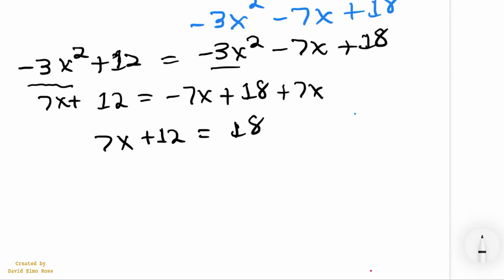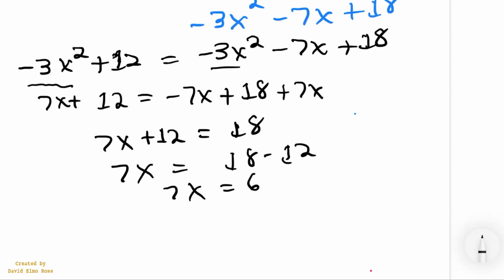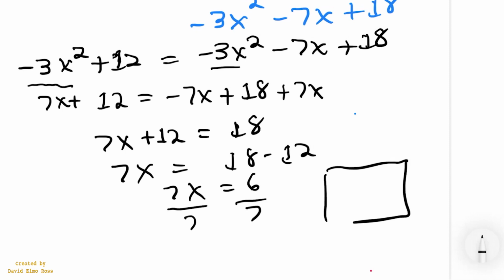And if we subtract 12 from both sides, we're going to see 7x is equal to 18 minus 12, which means 7x is equal to 6. And if we divide both sides by 7, we get our final solution that x is equal to 6 over 7. A lot of work to get here.